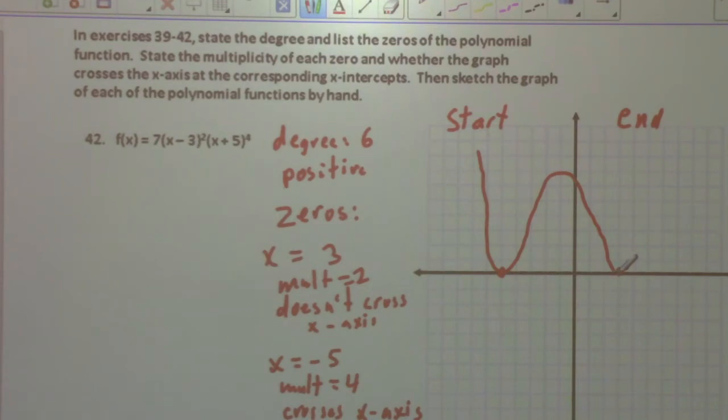Not cross. So we're going to go up like this. Yes, and that's the thing about this: if you analyze properly, you catch your mistakes. Because here we had does not cross, but this one also does not cross.